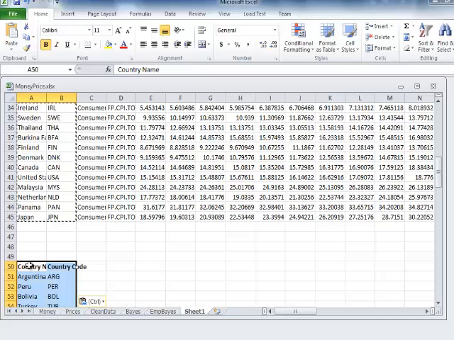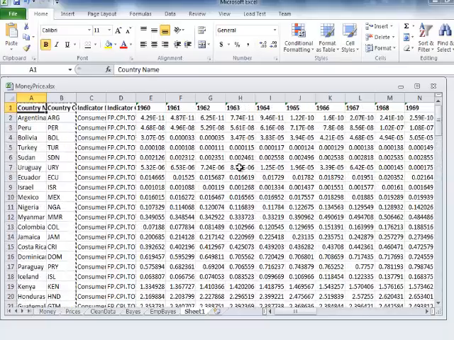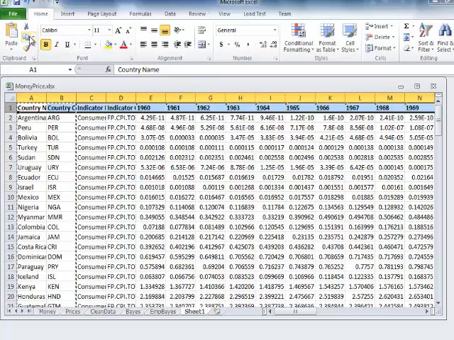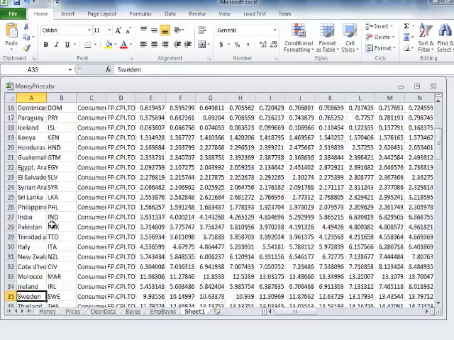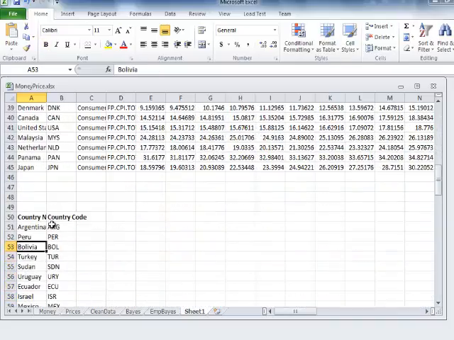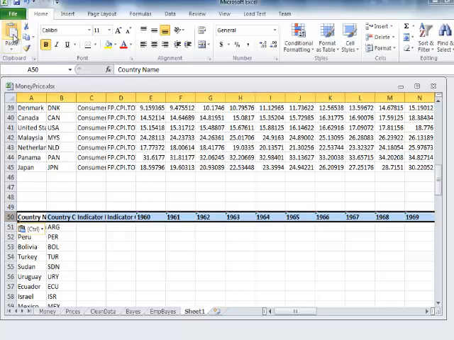I copied them onto line 50. Okay, so I've got the labels.